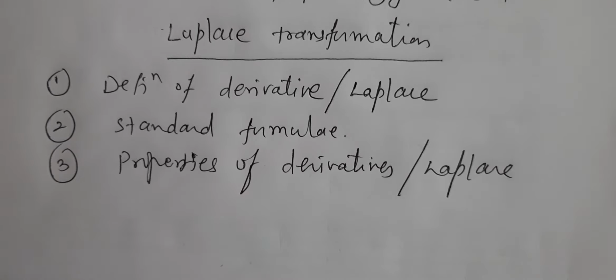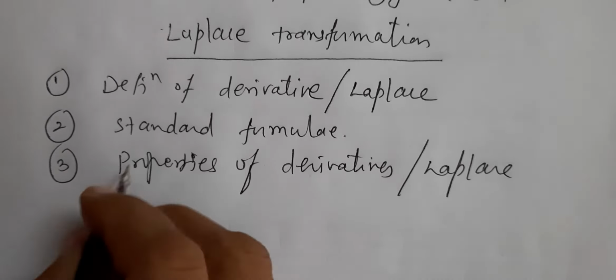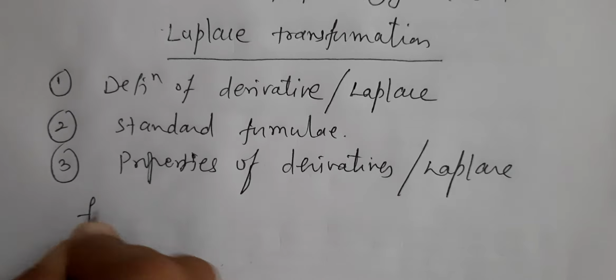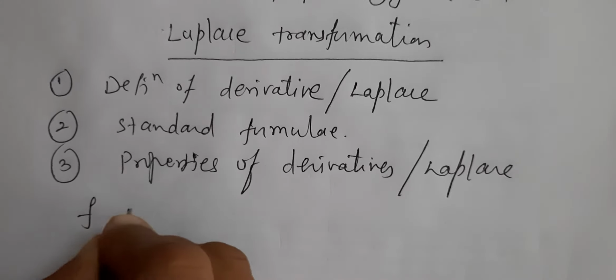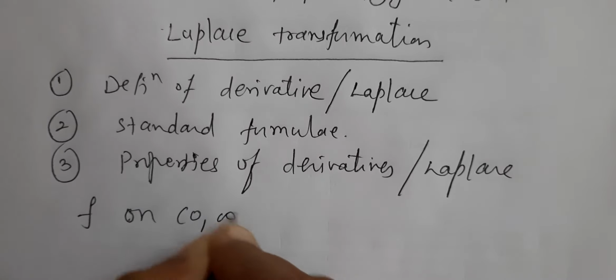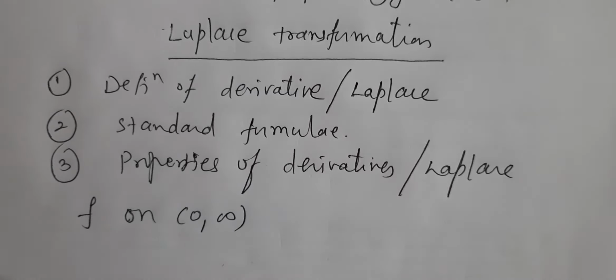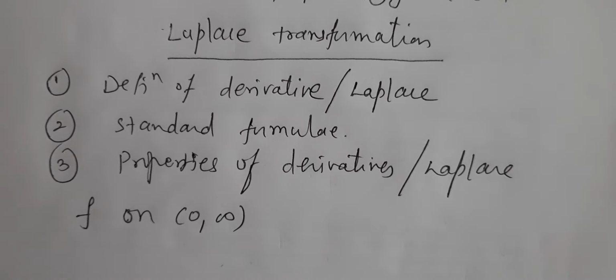So first thing, for Laplace transformation, we have a function f defined on the interval 0 to infinity. You can also say Laplace transformation is defined for functions on minus infinity to plus infinity.